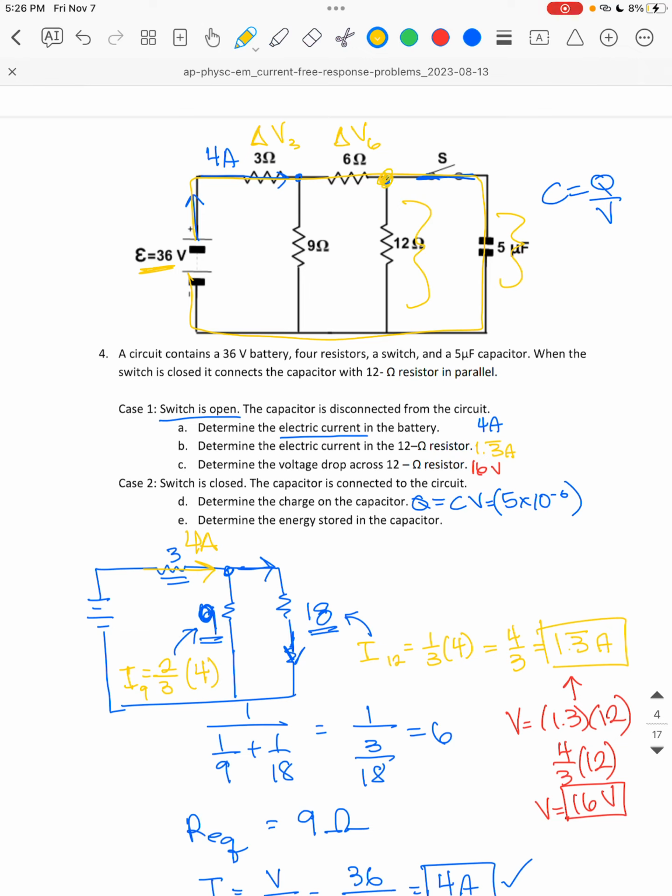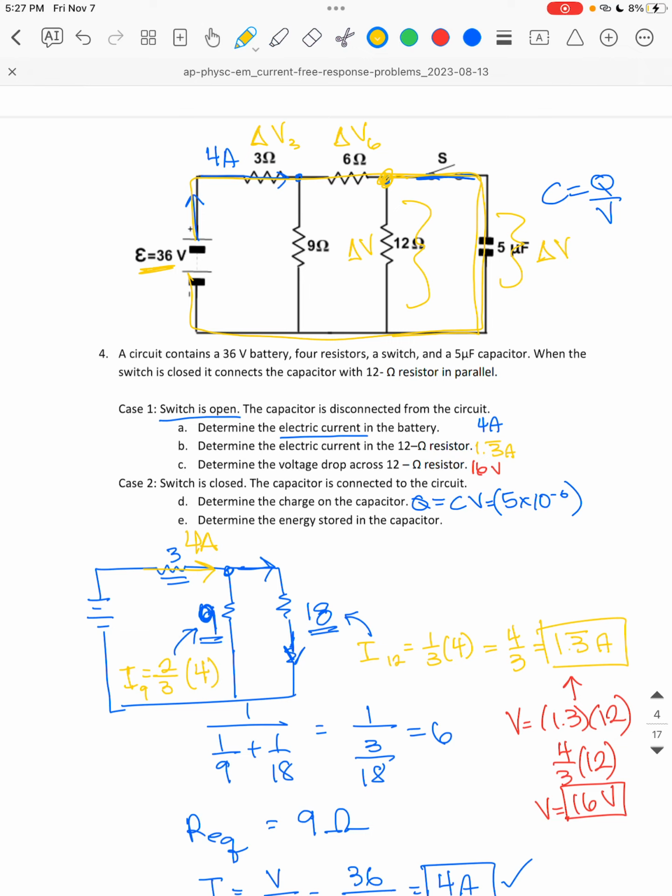When I look at this junction, I can see that there are no other components in this branch out here, and so whatever voltage drop I have through the 12 ohm resistor, I'm going to get the same voltage drop through the capacitor.